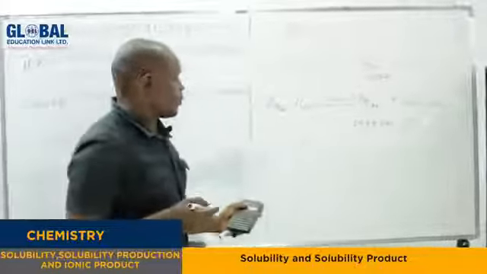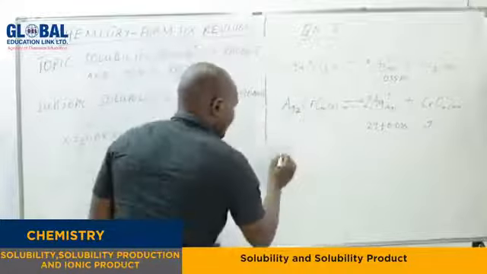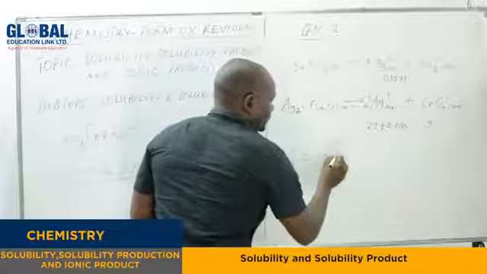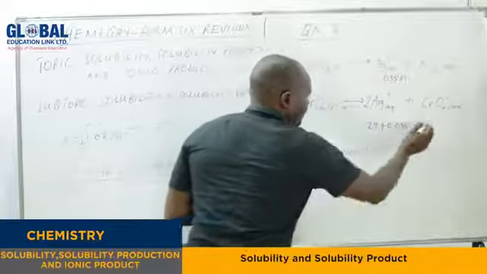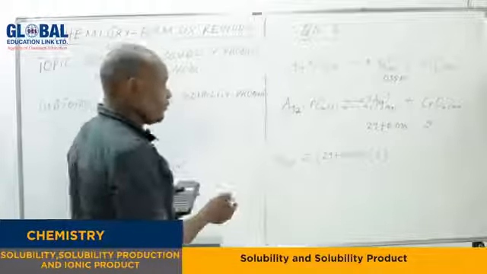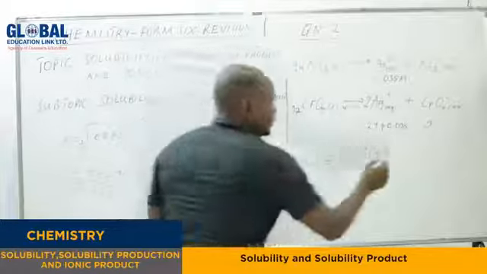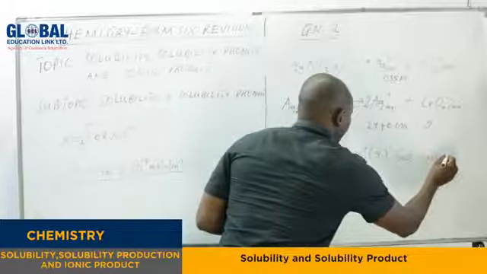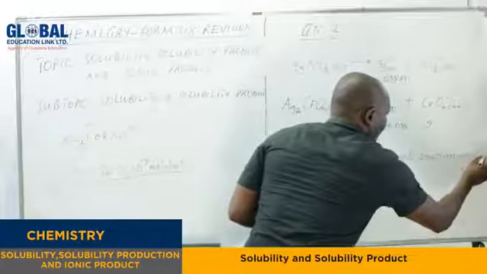Now, if we consider the KSP of silver chromate, it will be equal to 2Y plus 0.035, then times the concentration of chromate ions. Now, we remember that this one must be squared due to the presence of 2, but 2Y plus 0.035 is approximately equal to 0.035.